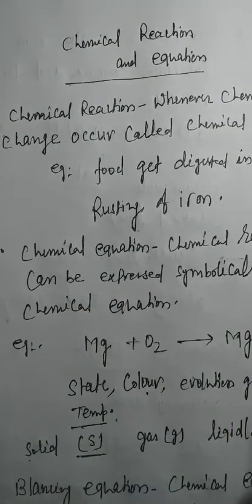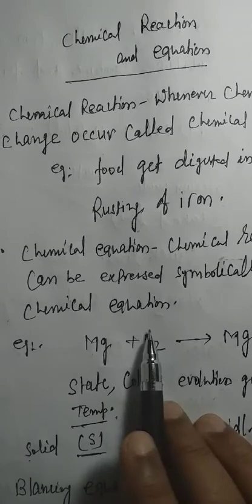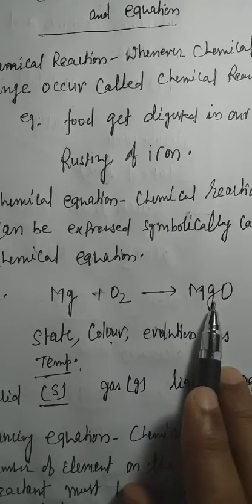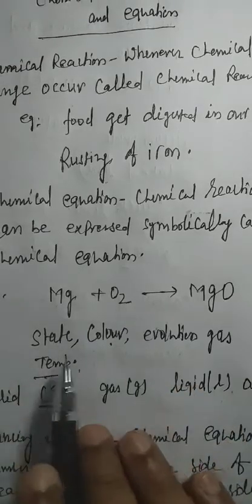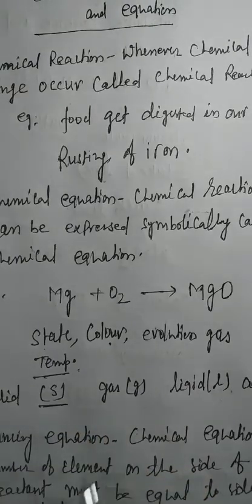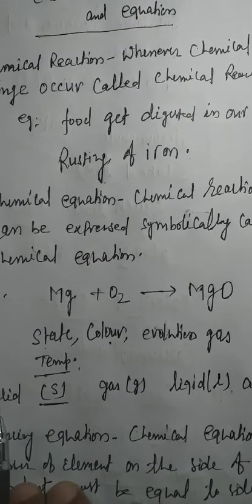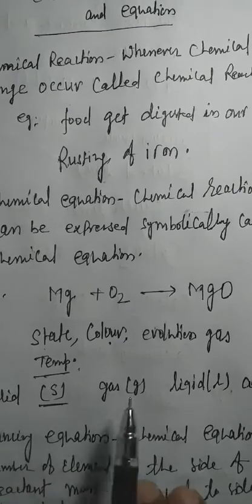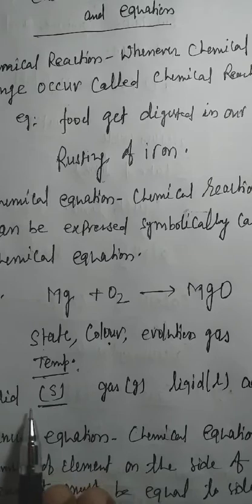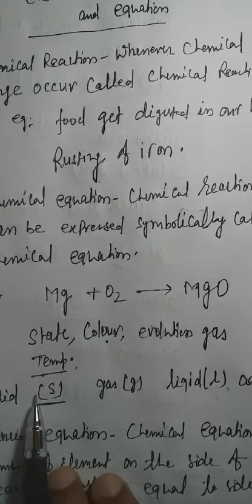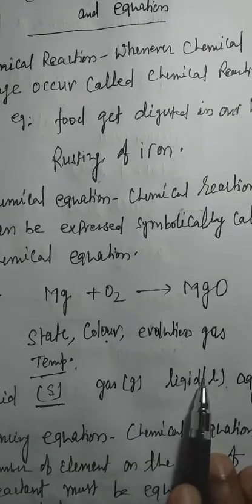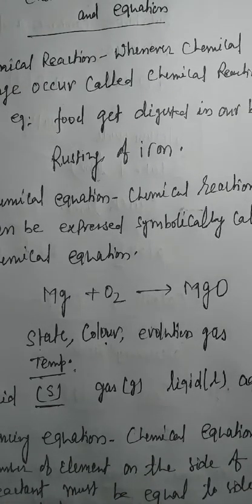A chemical reaction expressed symbolically is called a chemical equation, like magnesium reacting with oxygen to form magnesium oxide. There are changes in state, color, evolution of gas and temperature. The physical existence of matter in solid, gas, liquid or aqueous medium has to be defined by a symbol, such as s for solid, lowercase g, and lowercase l, in the respective nature.